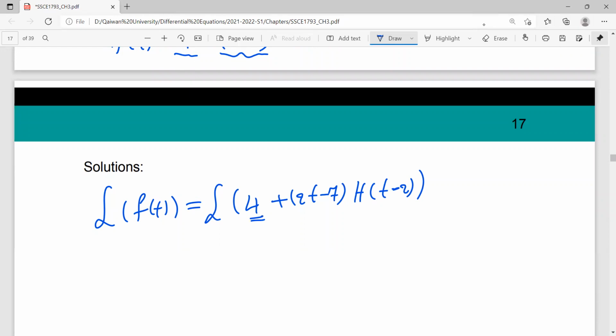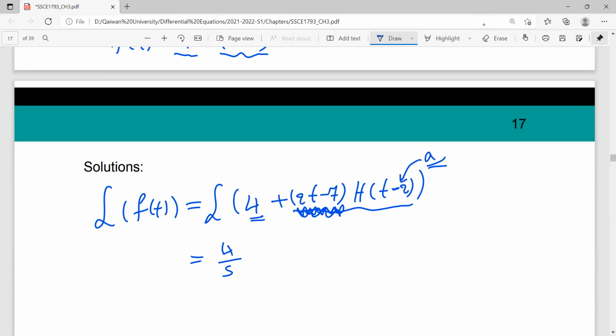It's the number divided by s. It is 4 over s. And the Laplace transform of this function is multiplied by the unit step function. We find the Laplace transform for this part, and we multiply it by e to the power minus 2s. Because here a is 2.